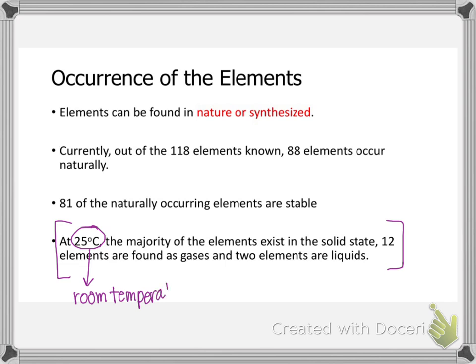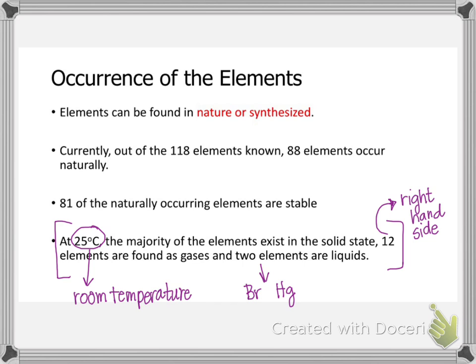So the majority of the elements are solids, followed by gases, and the gases are predominantly on the right-hand side of the periodic table. And then there's two common liquids around 25 degrees. We have bromine and mercury, the two that form liquids.